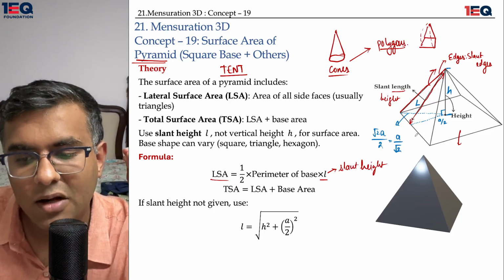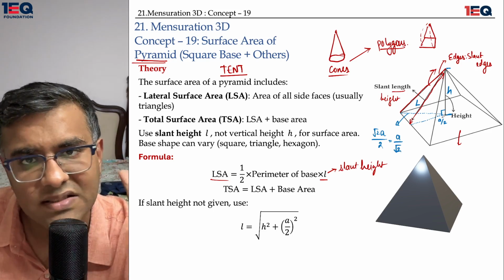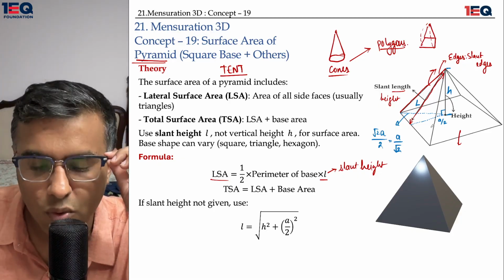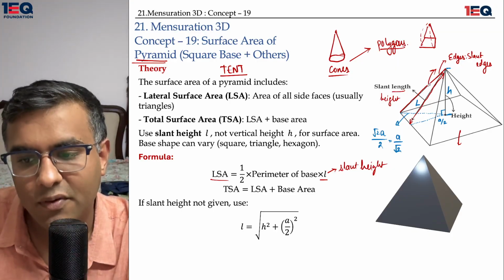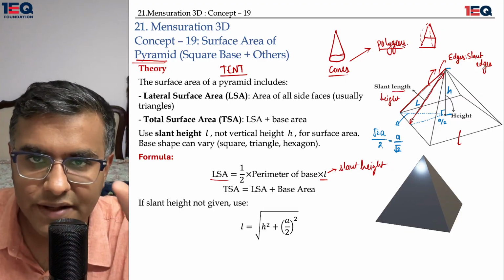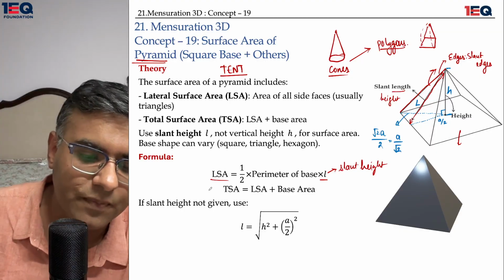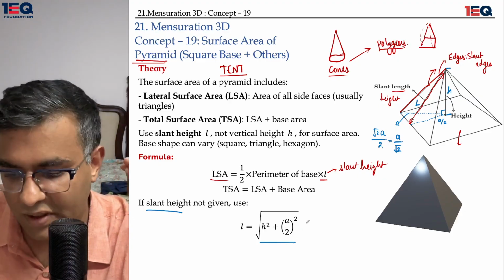Once we have that a upon root 2, the height of the entire structure remains the same. Then the corner edge that we were talking about becomes the slant edge. We can again apply the Pythagoras theorem and get what we want out of it. So slant height is equal to the square root of h square plus a by 2 whole square.